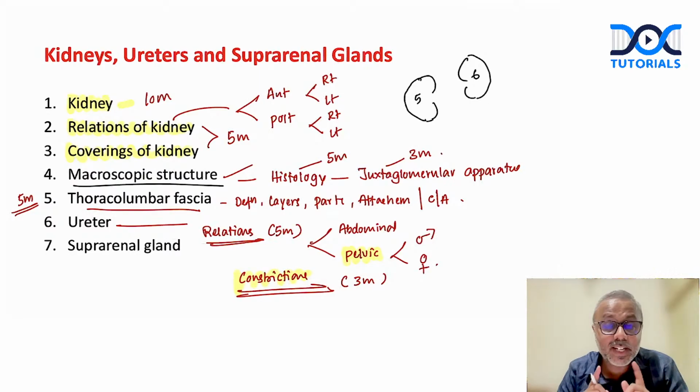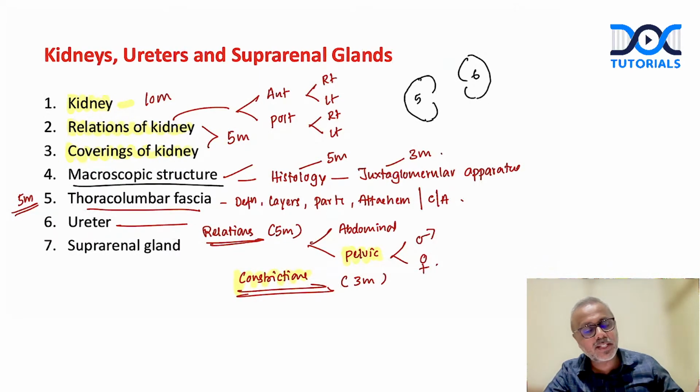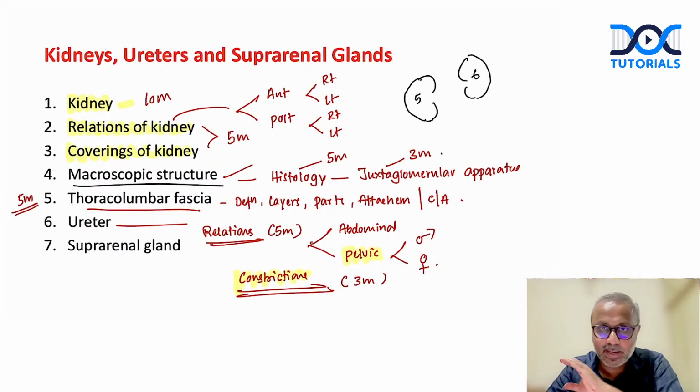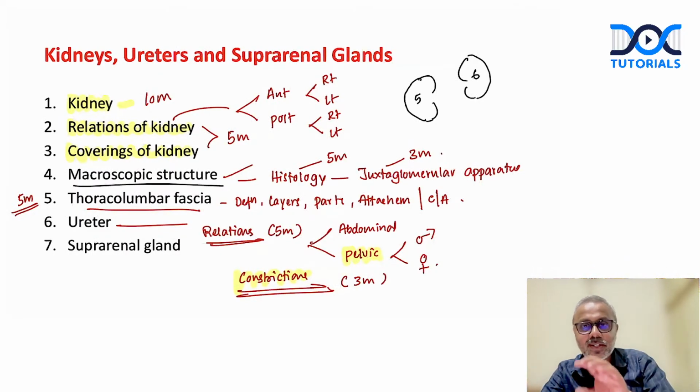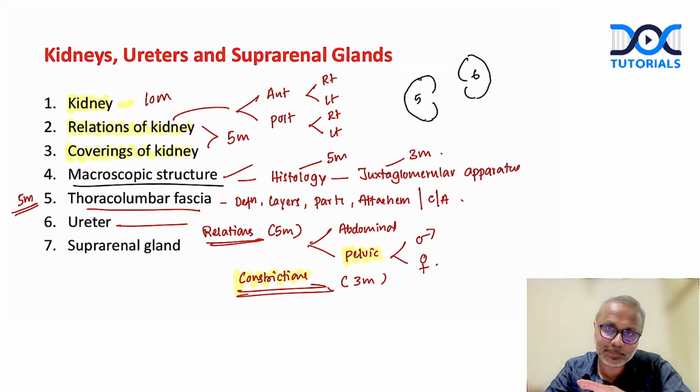These constrictions are developmental. My suggestion, when you begin the answer, write this as the first line. The ureteric constrictions are embryological or developmental in origin and they are not anatomical. This itself might impress the examiner and they may not even look at what you have written below, right? So first line, write this and then talk about the 4 constrictions and where they are present.